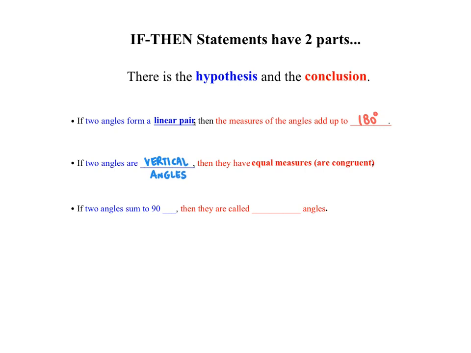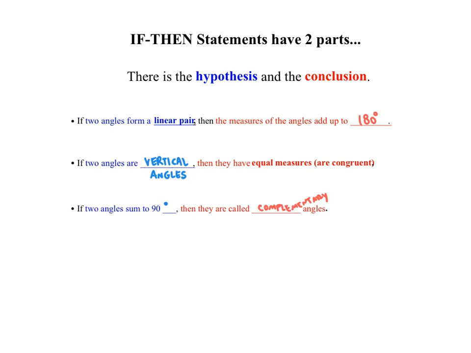Okay, in the third if-then statement, if two angles sum to 90 degrees, I'll just put the degree symbol there, then they are called complementary angles. Complementary angles. All right, there's a few if-then statements.